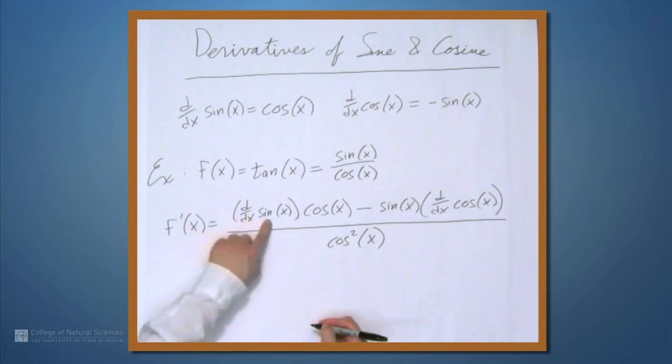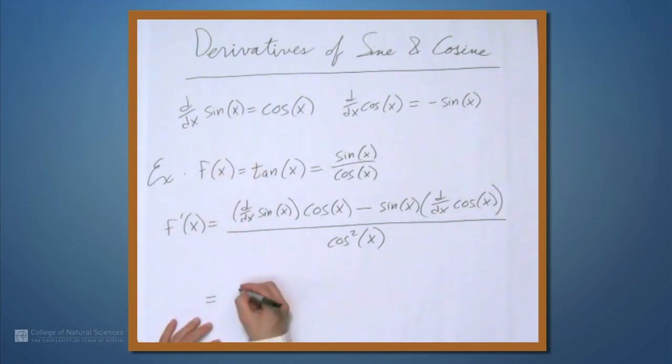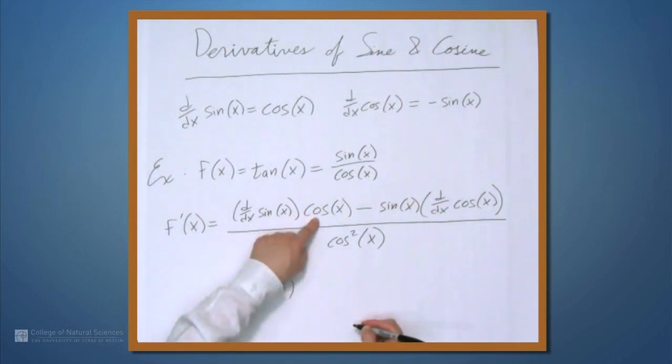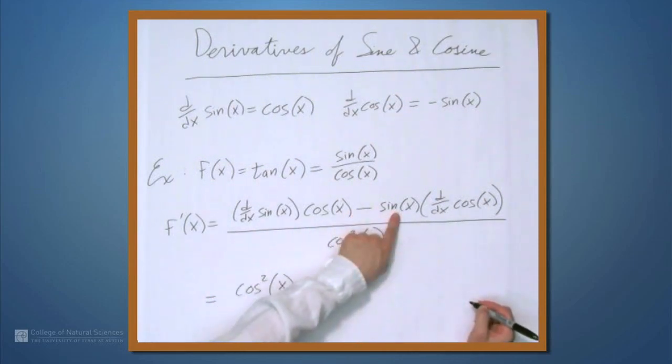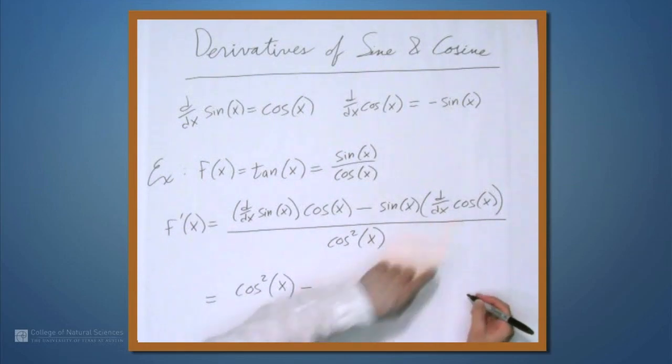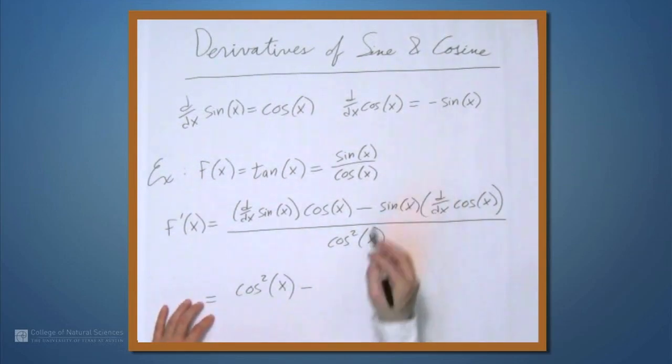So what's the derivative of sine? Well, it's cosine. So this is cosine squared x. Right? Cosine times cosine gives us cosine squared. Now minus sine times the derivative of cosine. Well, what's the derivative of cosine? It's negative sine.